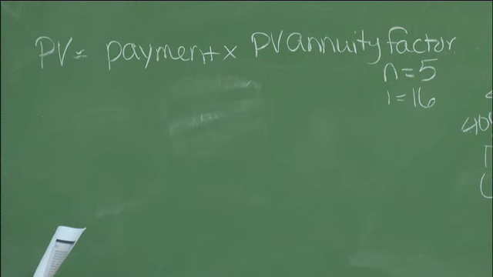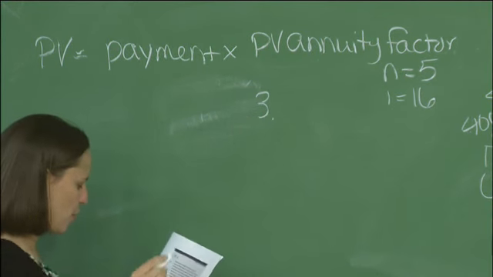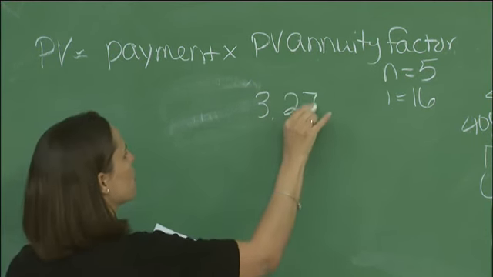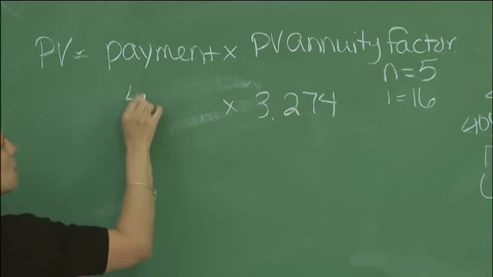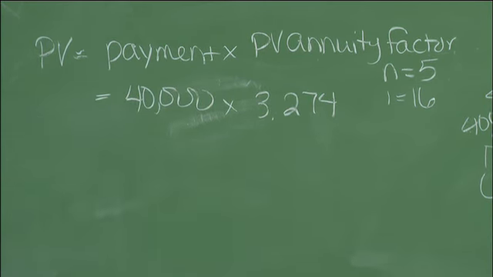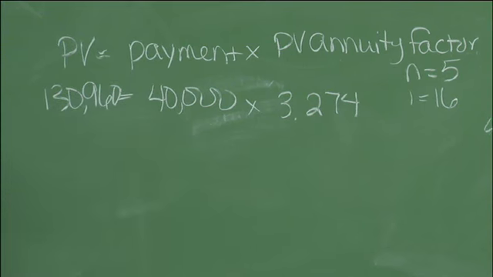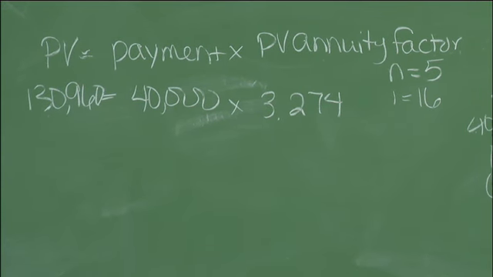So we look in the present value of annuity table, N equals 5, I equals 16. We get a factor of 3.274. Multiplied by 40,000, we get a present value of 130,960. That's the present value of those future lease payments.